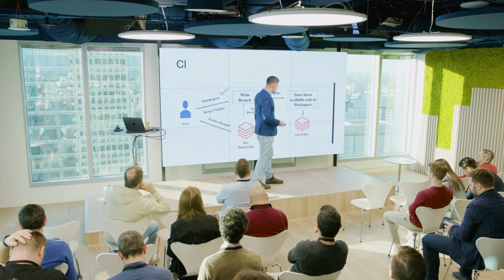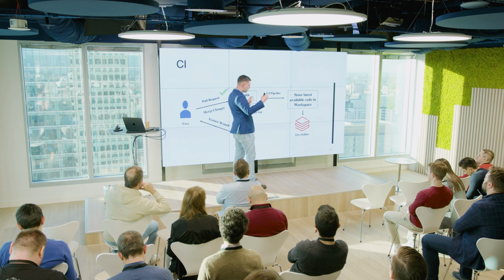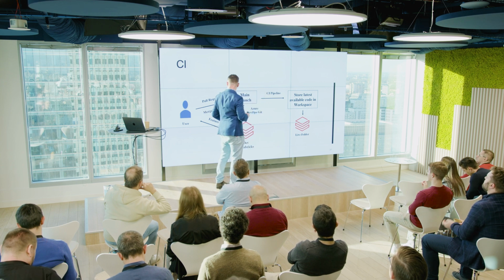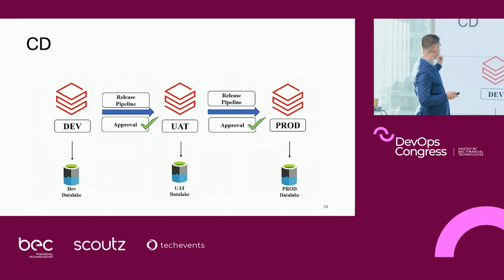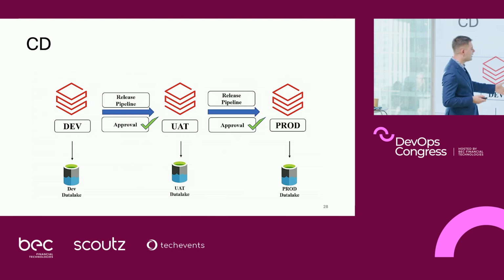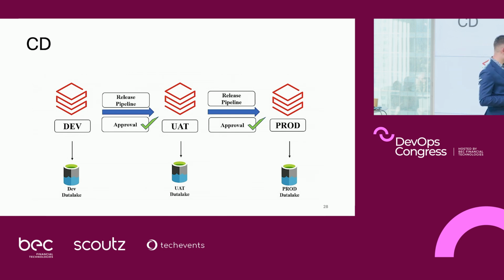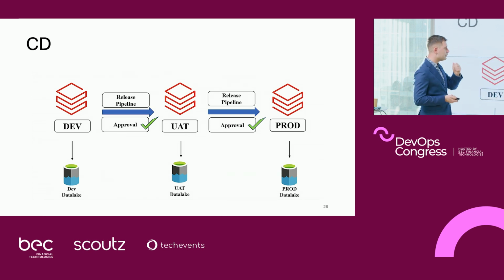So this is the folder where we store our code from Azure DevOps, for example. And the CD process: we have dev, then an approval, and to the UAT, where we show it to our business, and then we have approval to prod. This is how it works with these projects.